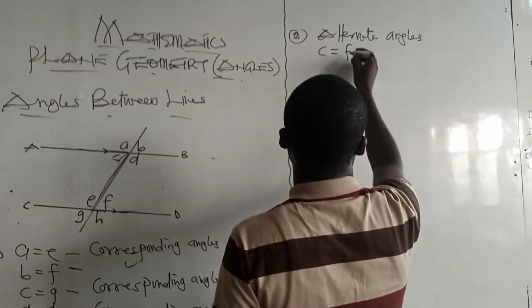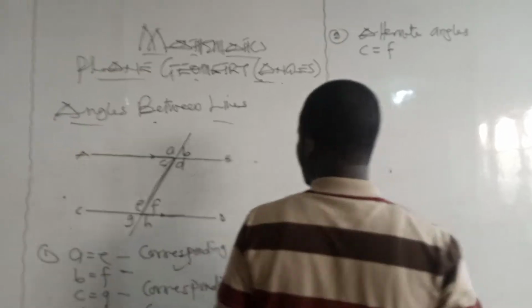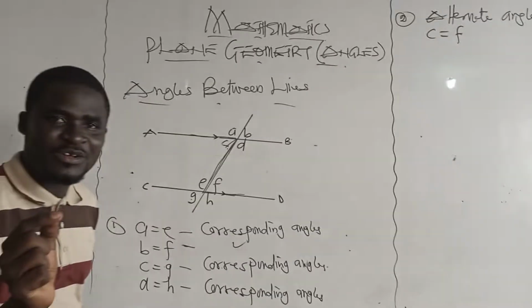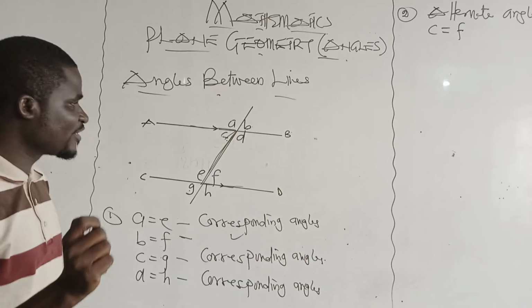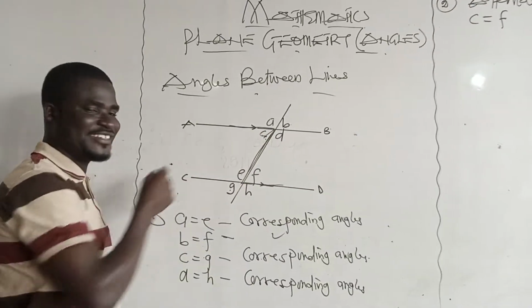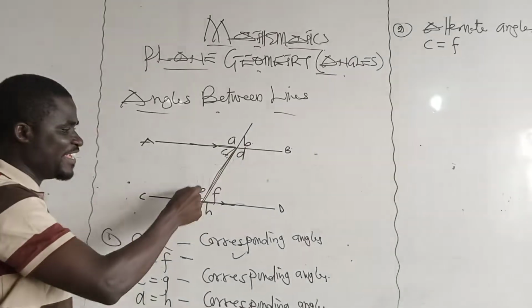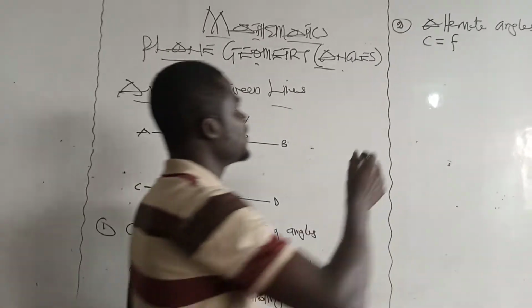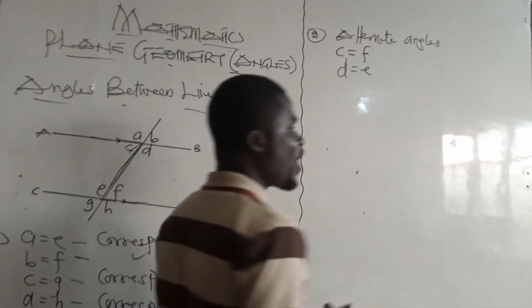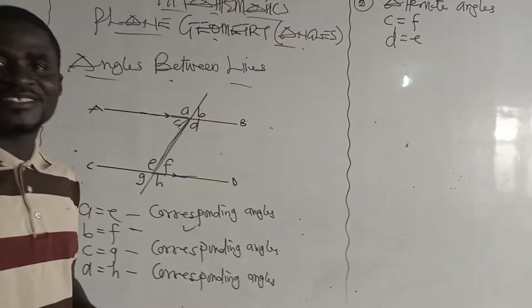C is equal to what? F. C is equal to F. And then, can you give me another alternate angles? Good. It will be D and E. So, you can say that D is equal to what? E. They are all alternate angles.